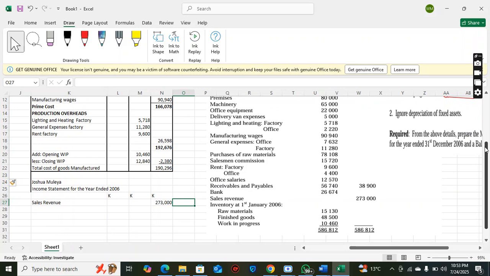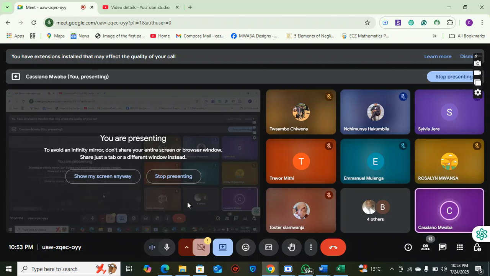Sales revenue 273,000. What comes next? Is there any return inwards? Colleagues, if there was return inwards, what is return inwards?